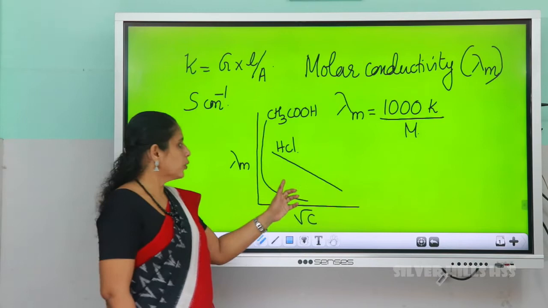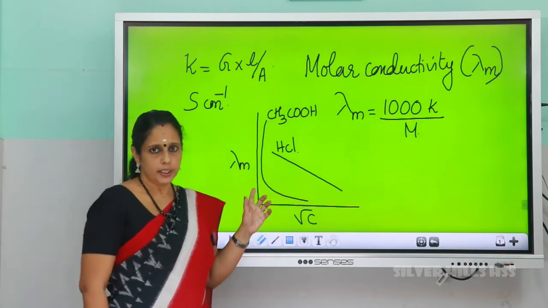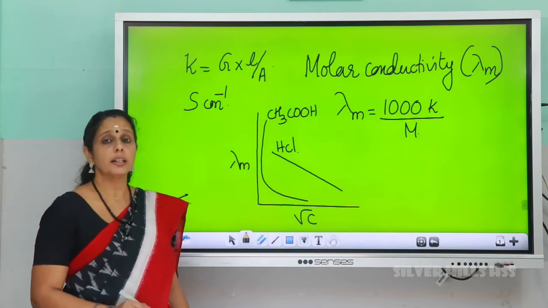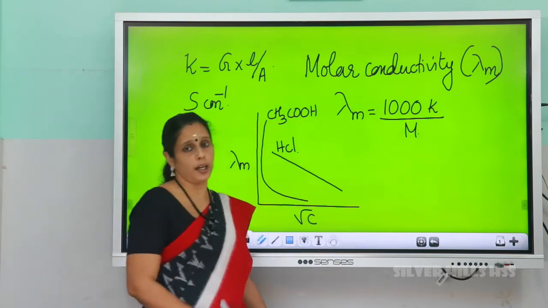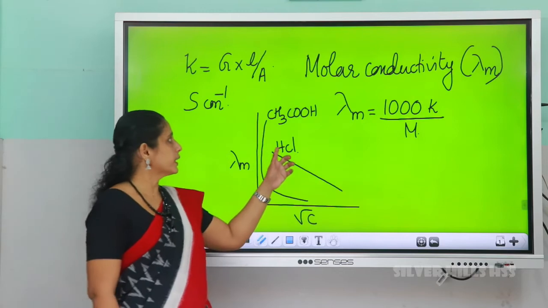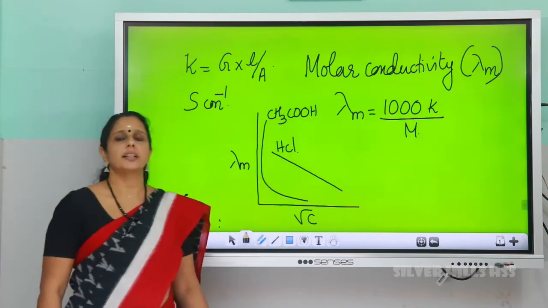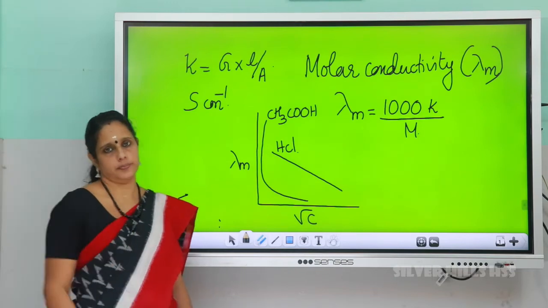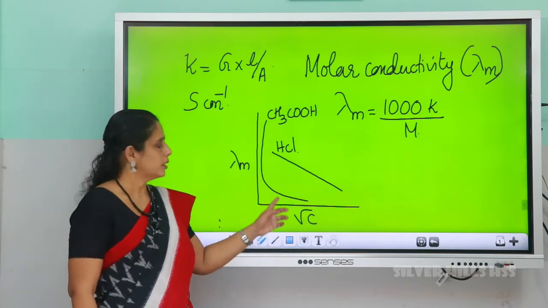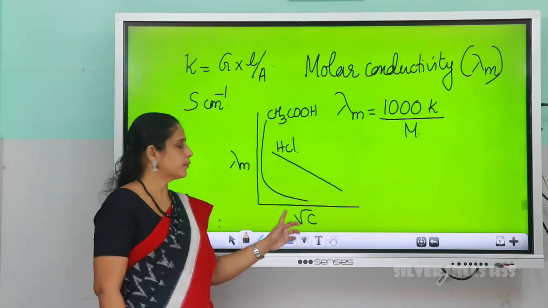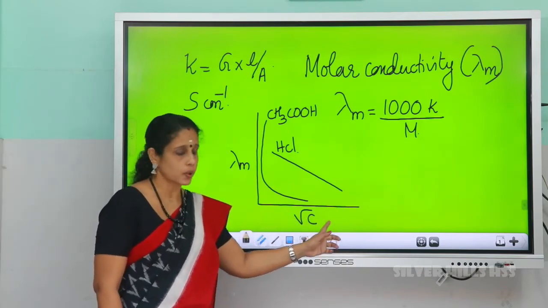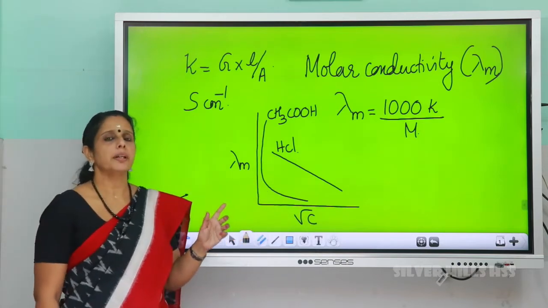The variation of molar conductivity with the increase in dilution is due to the increase in the speed of the ion, whereas in the case of weak electrolyte, it is due to the increase in the number of ions. But in both cases, with increase in dilution, that means with the decrease of concentration, lambda m increases.